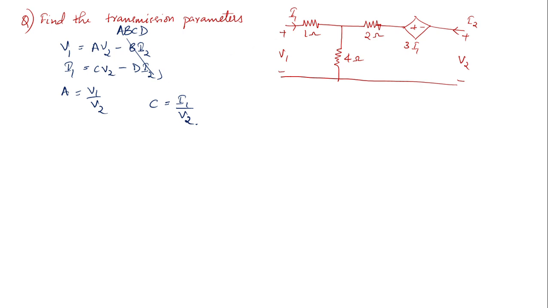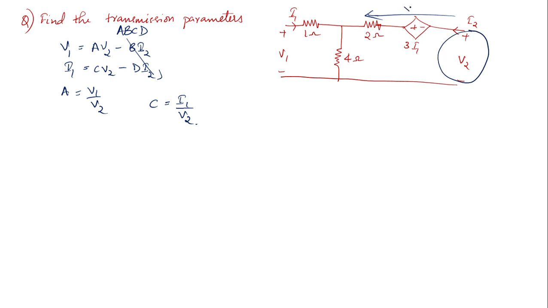Now, how can you write V1 in terms of V2? First you need to find out the parameter A, or you can find out the parameter C. Whichever you feel is easier, you can find out that particular parameter. I know there is no current flowing over here, because this particular terminal is open circuited.